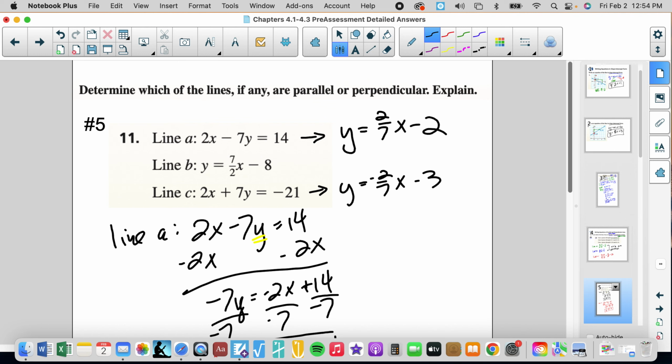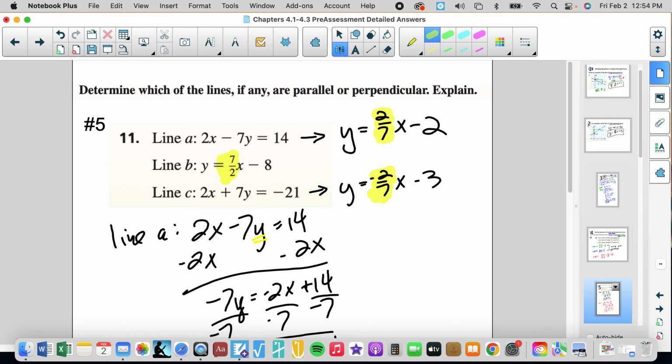All right, so none of these are parallel because none of them have the same slope. And we're just looking at the slope. Now, we know that things that are perpendicular are going to be opposite of each other. So we know A and B are not opposite because they're both positive.